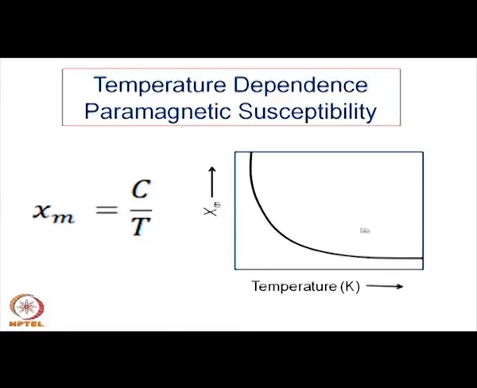Because of the temperature rise, there is more randomness because of the thermal vibration, and that decreases the susceptibility. So, whatever small susceptibility it has, it further decreases. It is an inverse relationship, not parabolic. One can express chi m as C over T, where C is a constant and T is the temperature in Kelvin.